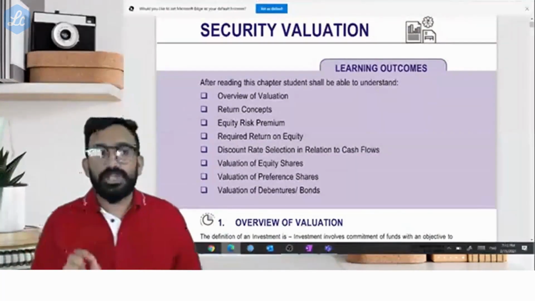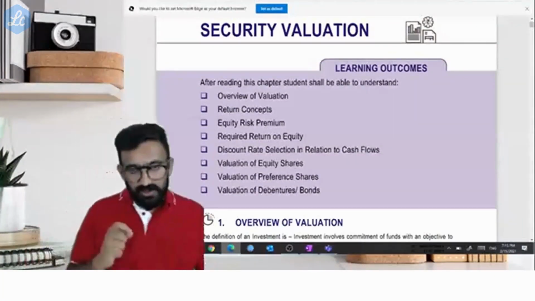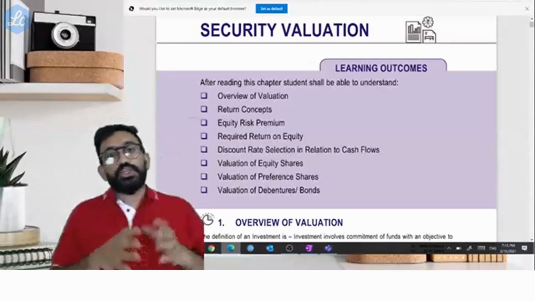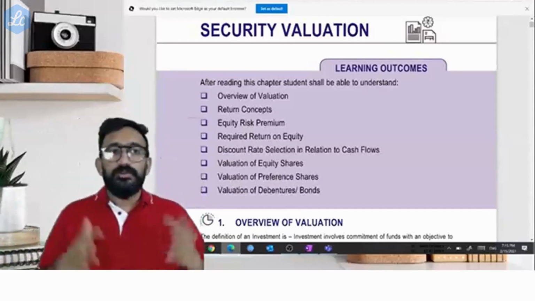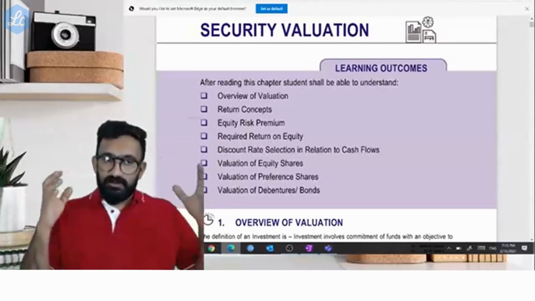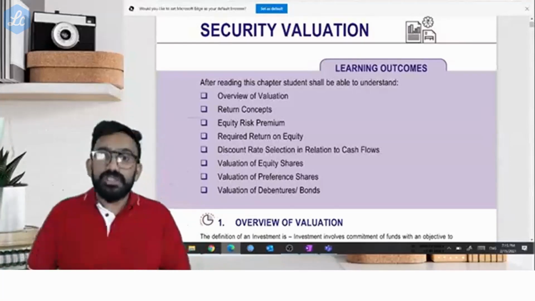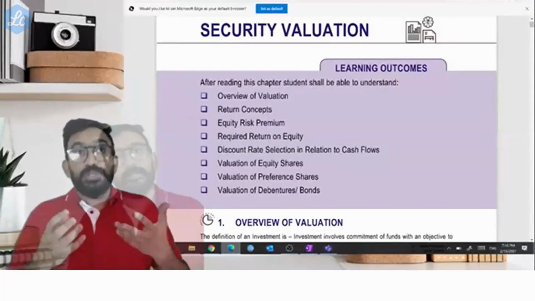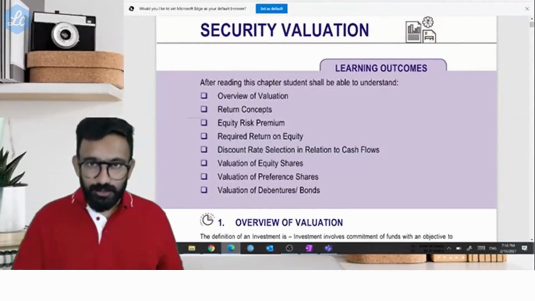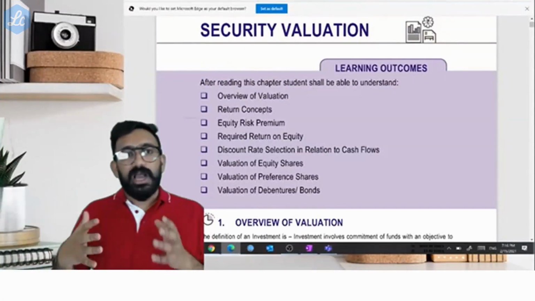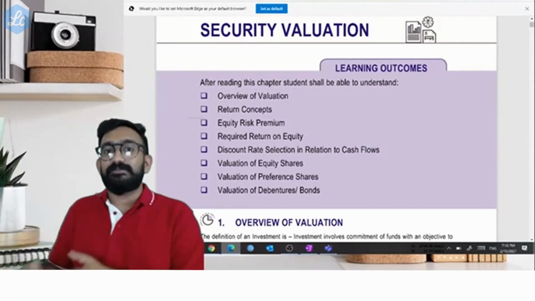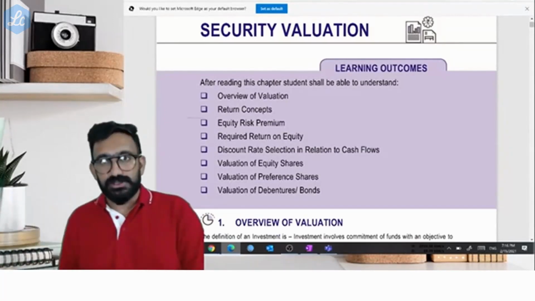So the point I'm making is that there's a huge avenue in finance itself for people to become valuers of financial securities, which means that after you qualify as a chartered accountant, you have this separate segment wherein you can practice, called valuation.